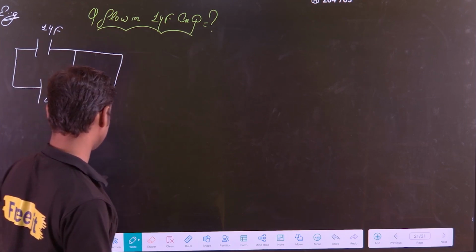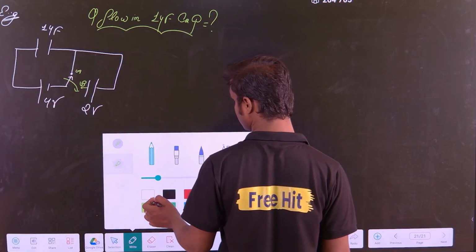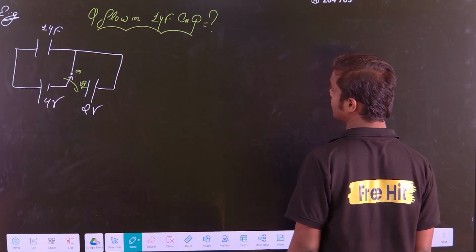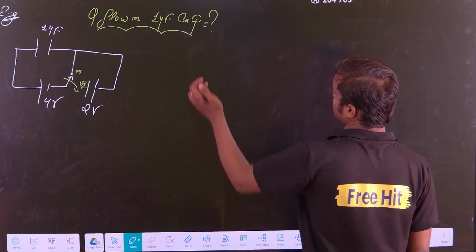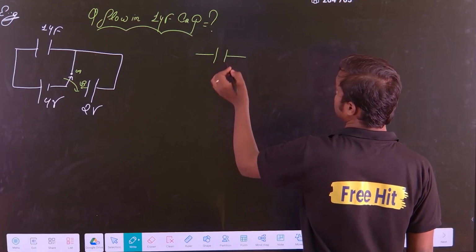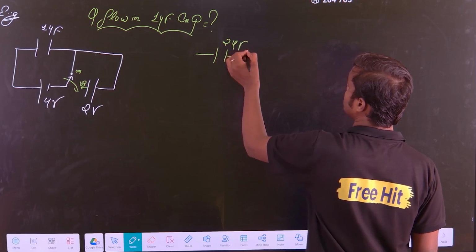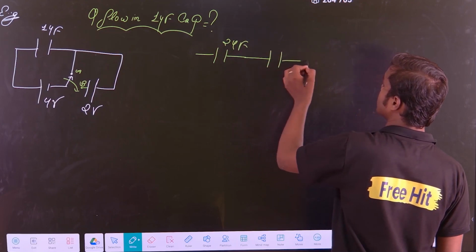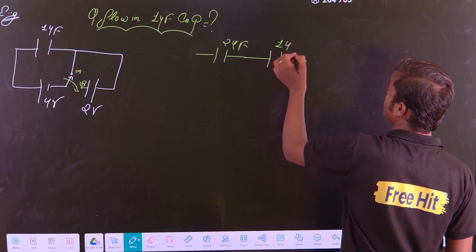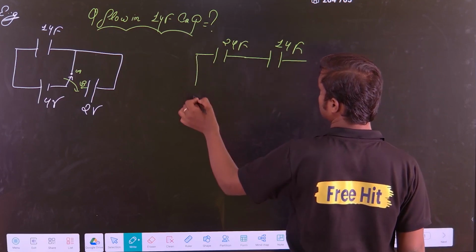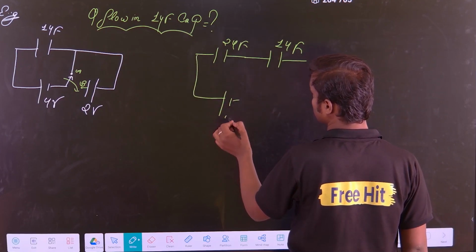Or I can ask one more thing. Okay. Suppose this is 2 microfarad. We have 1 microfarad, volt.